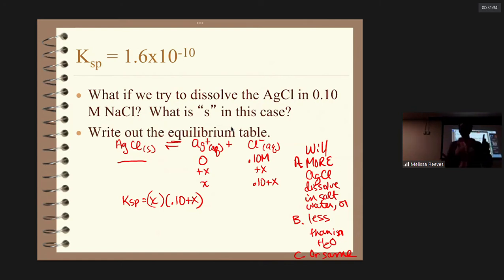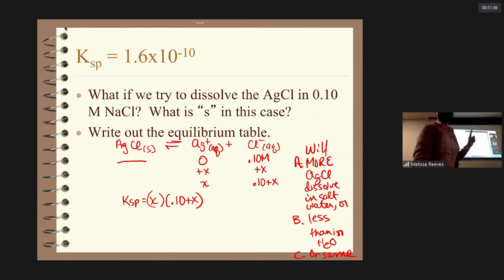So I'm going to run this again. Should more silver chloride dissolve in salt water compared to regular water, or less? Or does it stay the same? Le Chatelier says it's not going to stay the same because it never stays the same with adding and subtracting things. Unless it's that pressure thing with the gases.